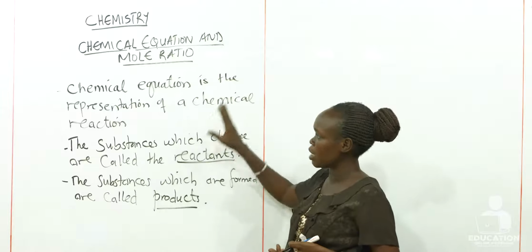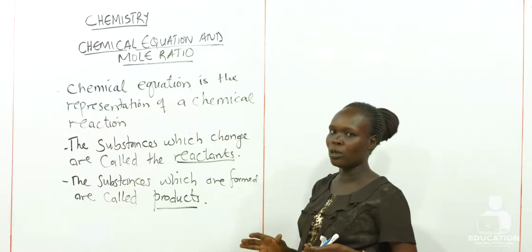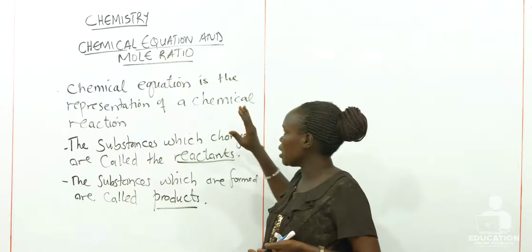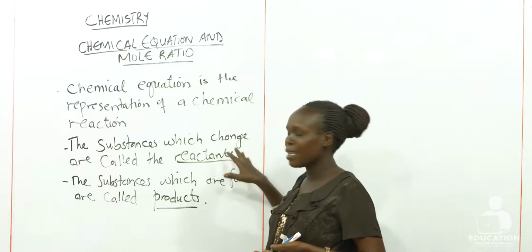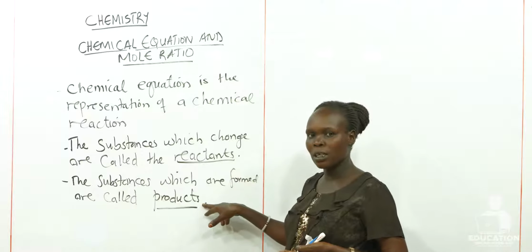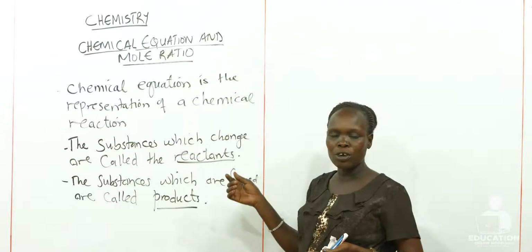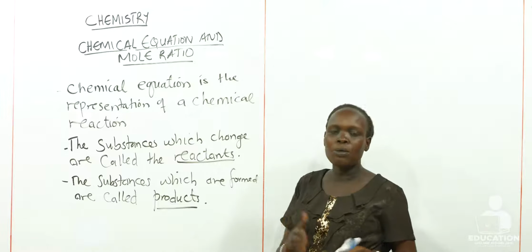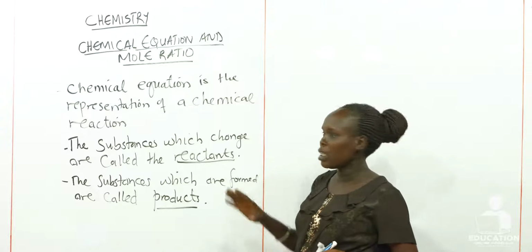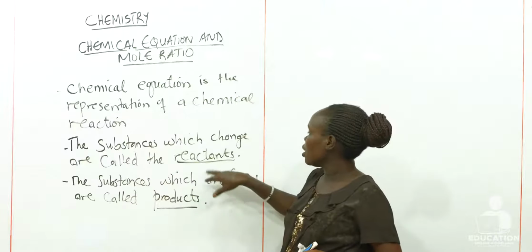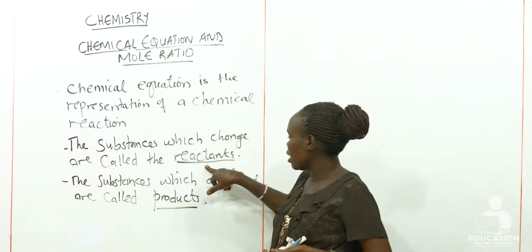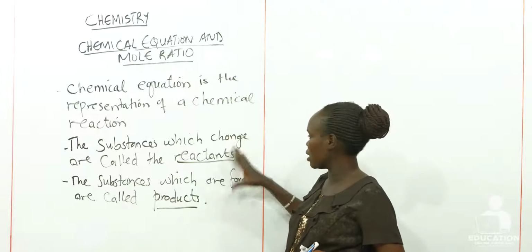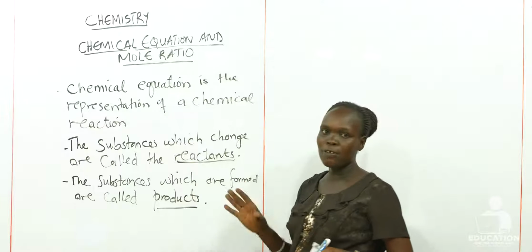You need to remember that in a chemical equation, whereby a chemical reaction has taken place, we can represent the chemical equation by reactants and products. A reactant can be one or more than one, and a product also can be one or more than one. The reactants and the products are different terms.